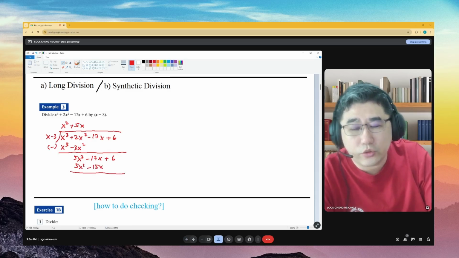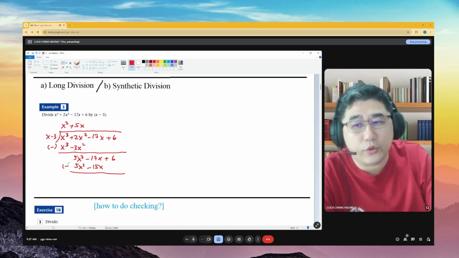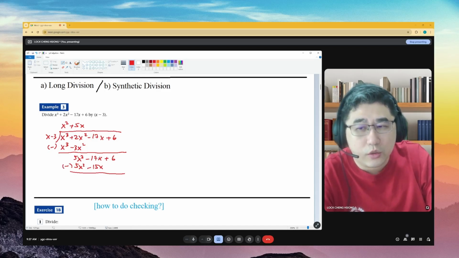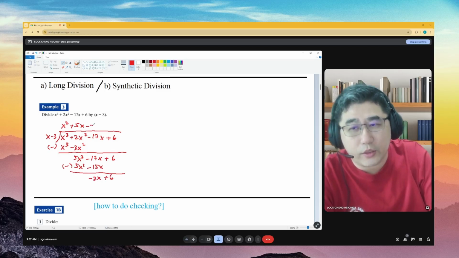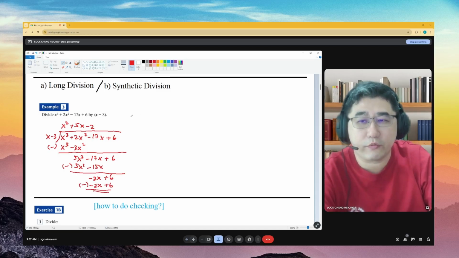As you can see, you choose the 5x with the x in order to get rid of the first term here. Then the operation is the minus. Minus 17 plus 15 gives you minus 2x plus 6, followed by minus 2. Minus 2 times x gets rid of the negative 2x, and plus 6 with the minus, then it divides perfectly.